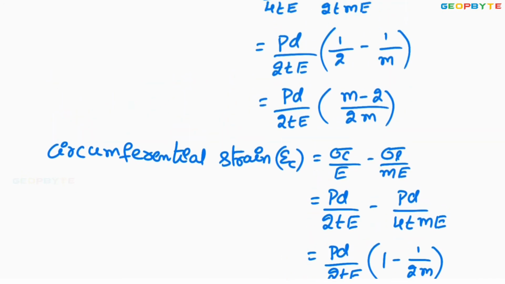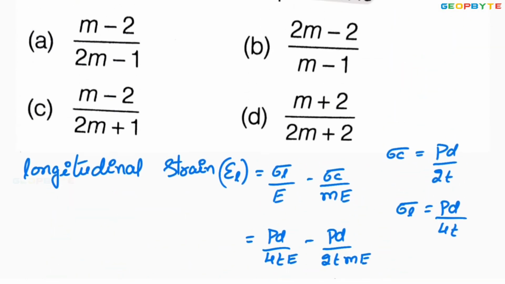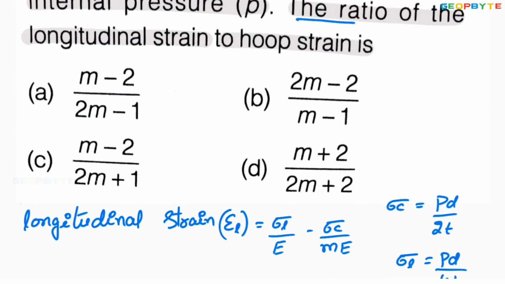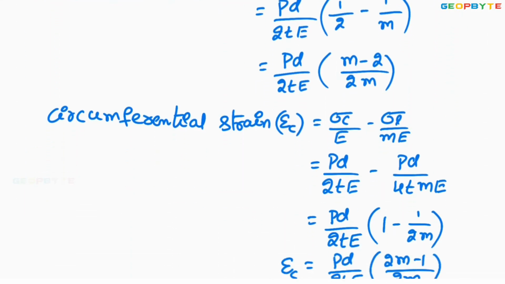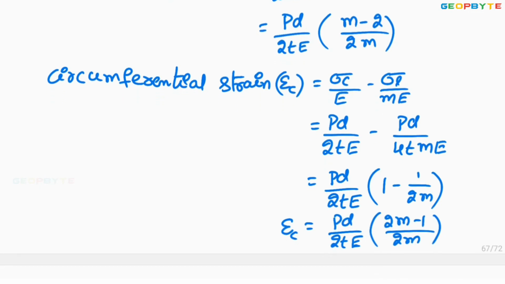But you are asked to find what? You are asked to find the ratio of the longitudinal strain and hoop strain. So the ratio between the longitudinal strain epsilon L by circumferential strain epsilon C equals longitudinal strain by circumferential strain.